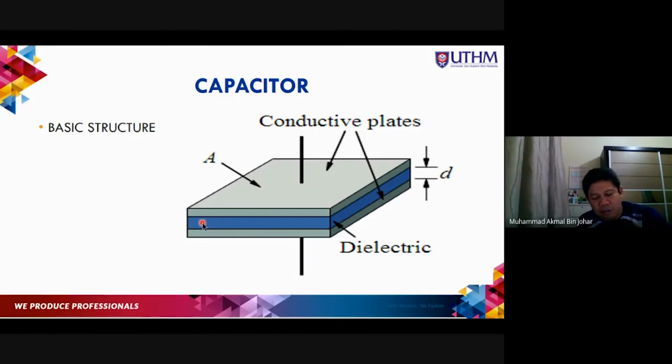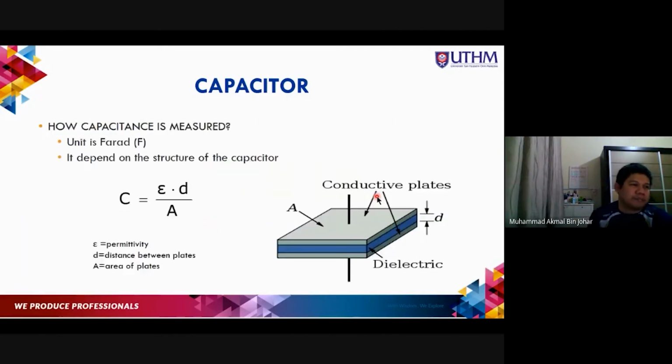When it is not short circuited, the charge will collect at this plate and also this plate. So these are the basic structure: two conductive plates and a dielectric material separating them.